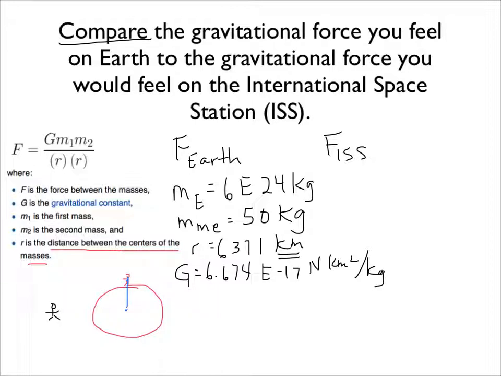Now, this is obviously not to scale, but we still have to go from my center to the center of the planet, and so we still have the radius of the Earth here. So this is the radius of the Earth, and we're going to have to add to that the distance between you and the Earth. And so we're going to have to add 250 kilometers to the radius of the Earth, because that's about how far away the International Space Station is.